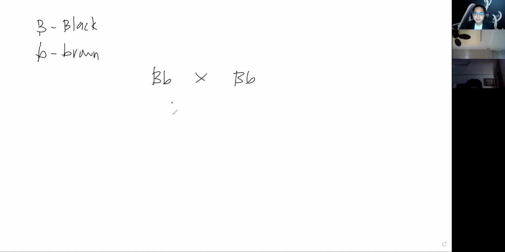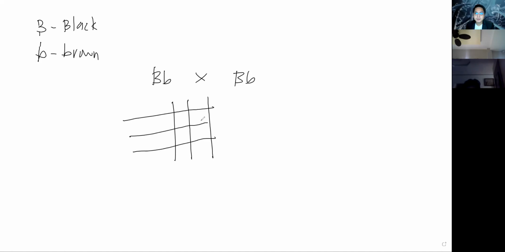So let's use the Punnett square. Again, the male is heterozygous black because it carries a gene for black and a gene for brown, and the female is another heterozygous black because it carries again an allele for brown.